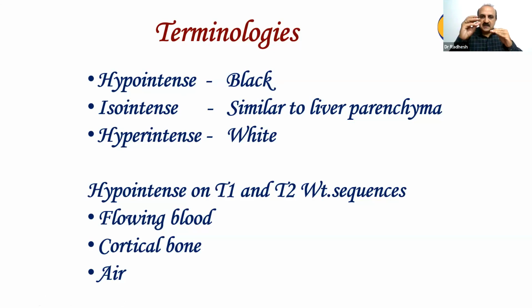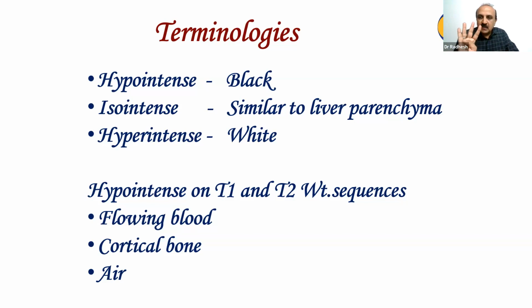Isointense, this is looking similar to the liver. There can be lesions within the liver which can look the same signal as the liver. So they are isointense. Hyperintense, hyper, they are white. Hypo is black, iso is same, hyper is white. So these are the 3 terminologies which you need to remember.